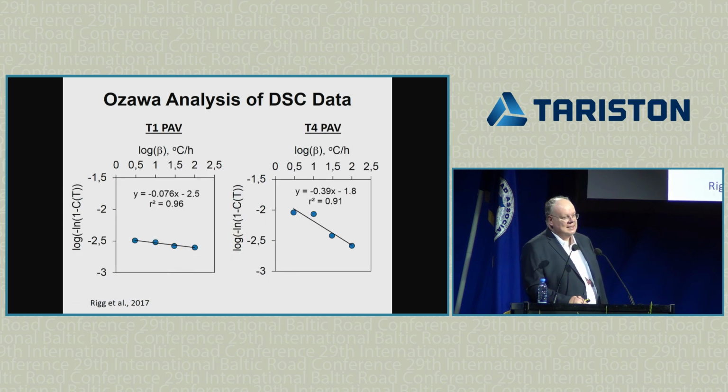So this is the analysis according to the Ozawa theory, very high correlation, R² typically 0.9 or better. And we can see the slope, which is the Ozawa exponent, for section 4 is much higher. And that slope gives you the rate of physical hardening, so that relates to the cracking performance.